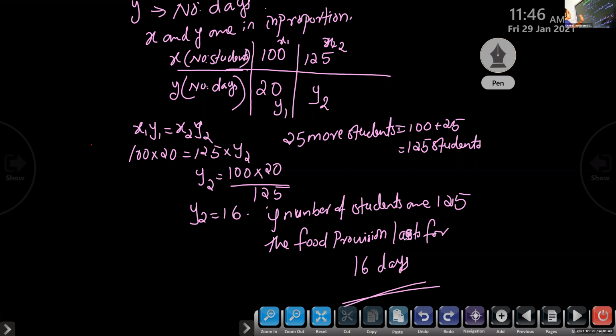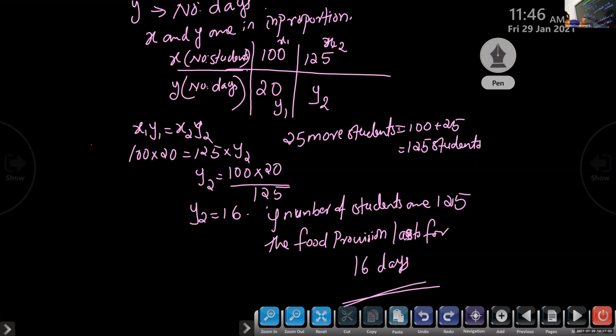Okay, see here we can understand that X and Y are inversely proportional, because as number of students increase, the number of days for food will decrease. If two variables are inversely proportional, our condition is what?